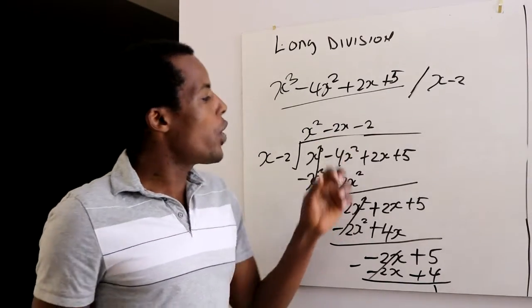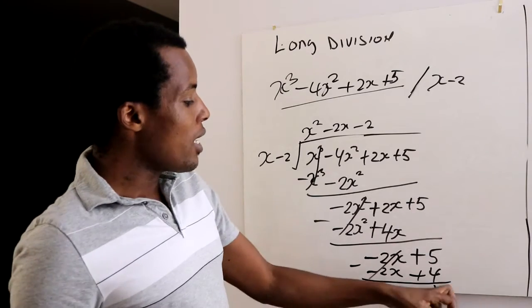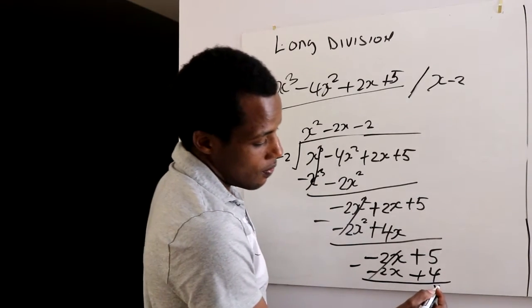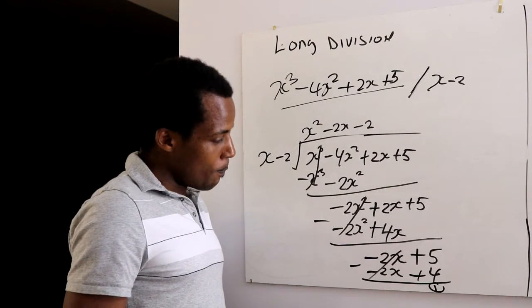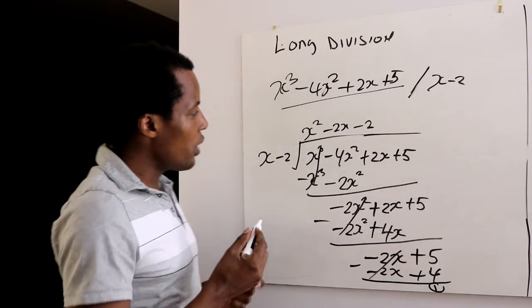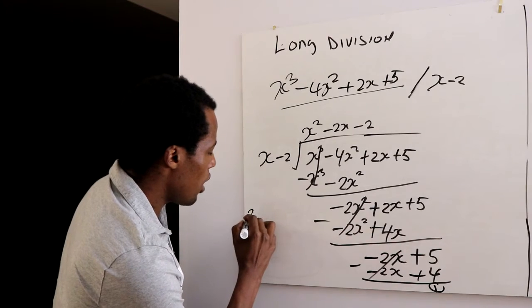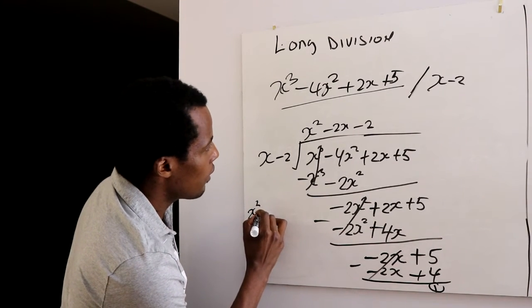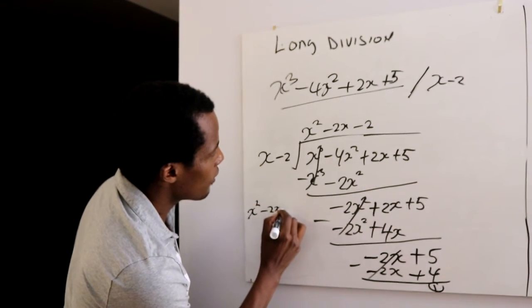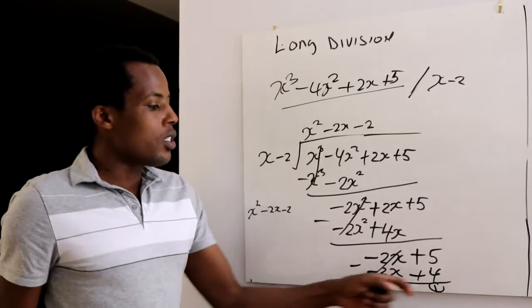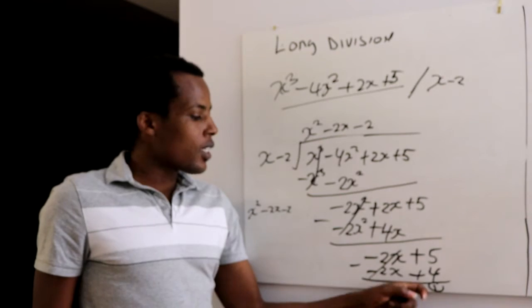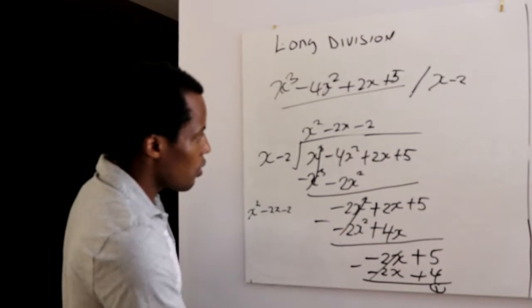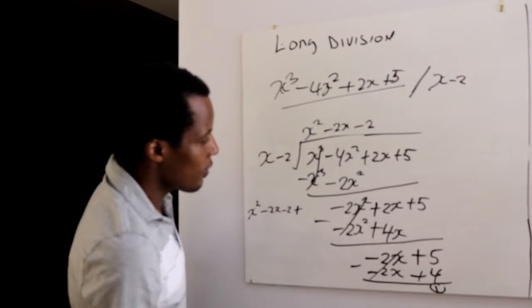Now we get the equation. This is the remainder, which is 1, and it's positive, so it's going to be plus.